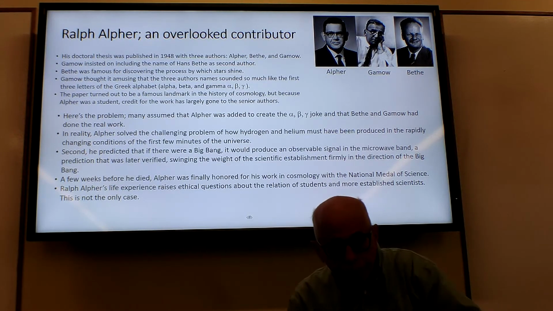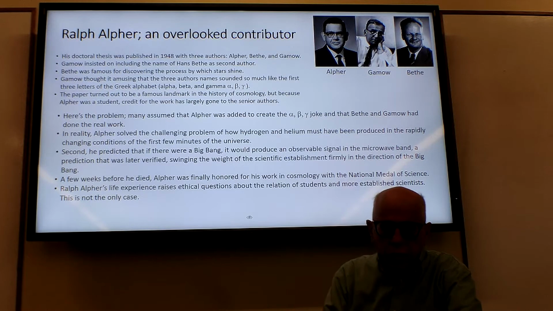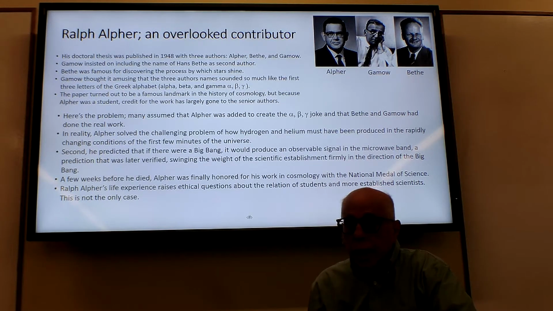Jocelyn Bell, a female graduate student at Cambridge, was the first to detect a pulsar, a special kind of stellar object. She went to her professor and said, look what I found. And he said, go away, little girl. She came back with more data, and he shooed her away. And the third time, he said, oh, that's interesting, give me your results. And he and another guy published a paper and won a Nobel Prize.